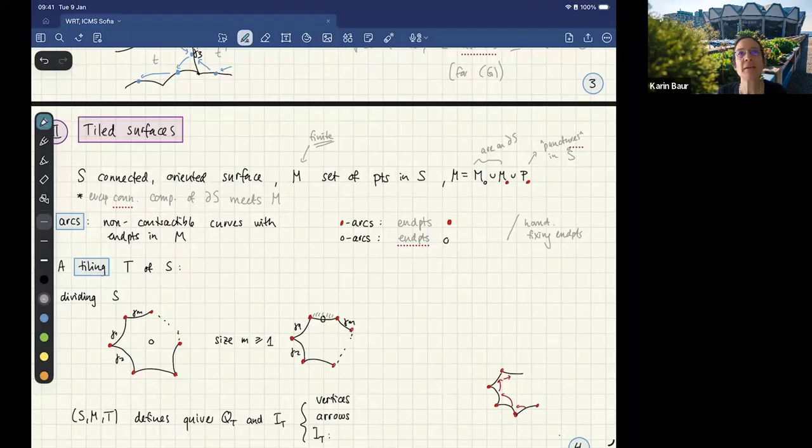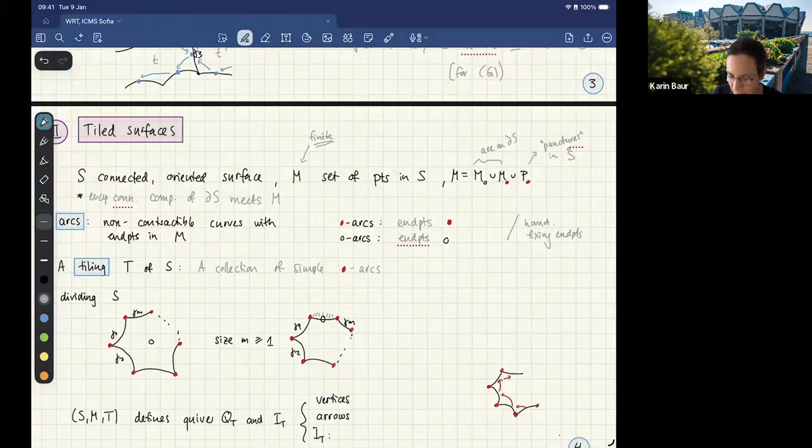Yeah, so then a tiling of the surface is a collection of simple red arcs. Simple meaning I don't want this arc to intersect itself, but it might have endpoints which are at the same vertex.